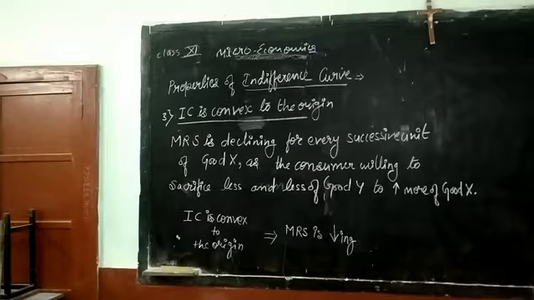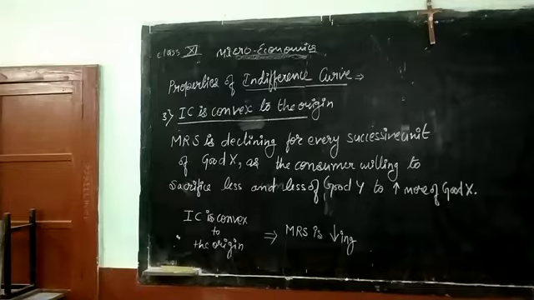It is because the marginal rate of substitution, that is MRS, is declining for every successive unit of good X, as the consumer is willing to sacrifice less and less of good Y to increase more of good X.